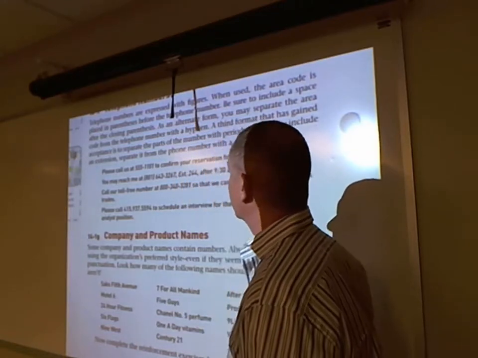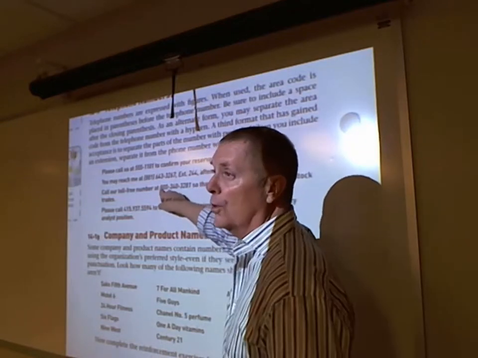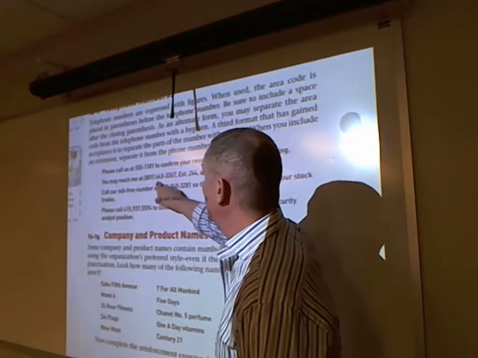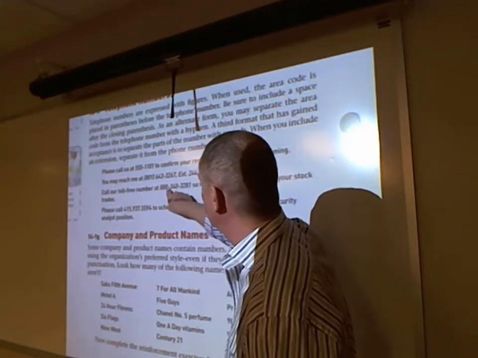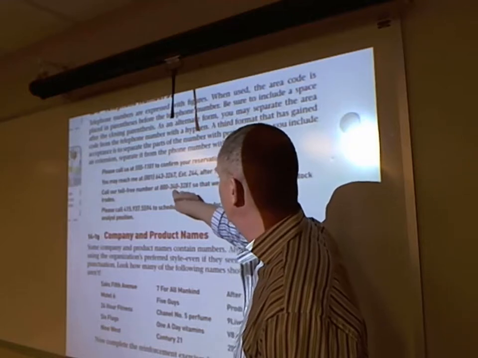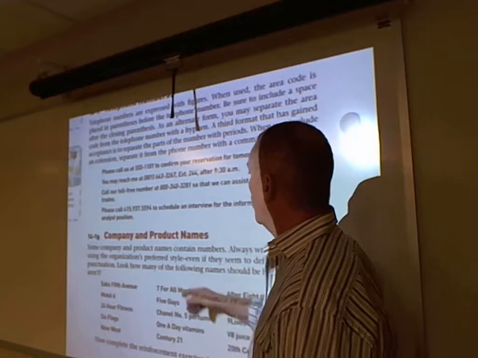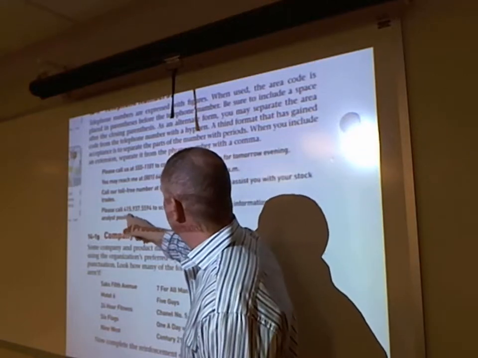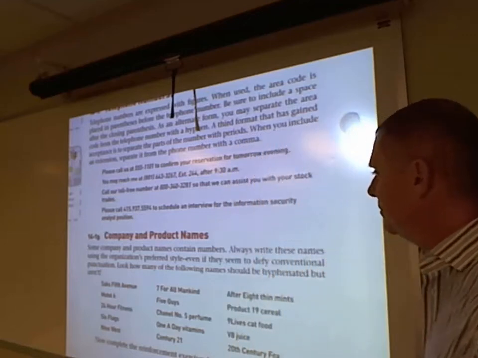It doesn't have to be in parentheses, but you could then immediately put a hyphen after it to separate it from the prefix, then another hyphen to separate it from the actual number. Or you could use periods, 415 period 937.5594.